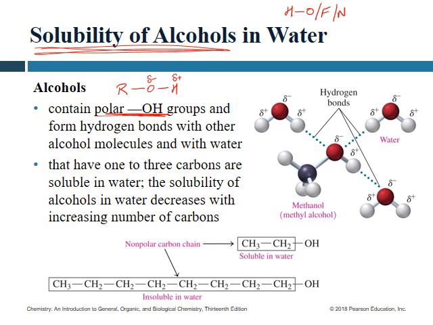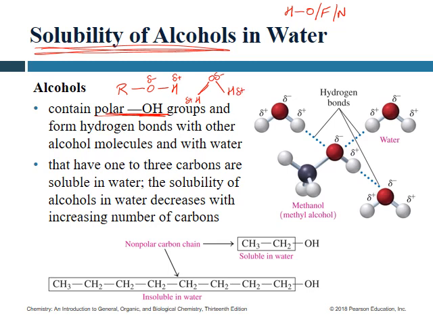And what is present in water? In the case of water, what do we have? It is HOH. The water oxygen is partially negative, and the hydrogens are partially positive.